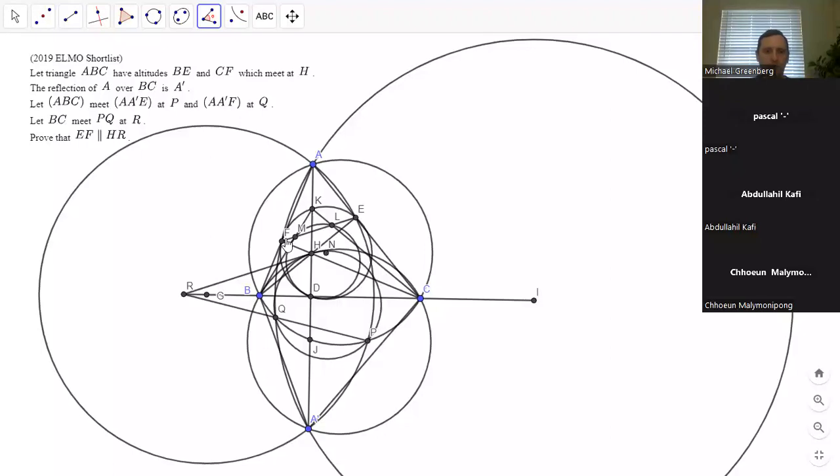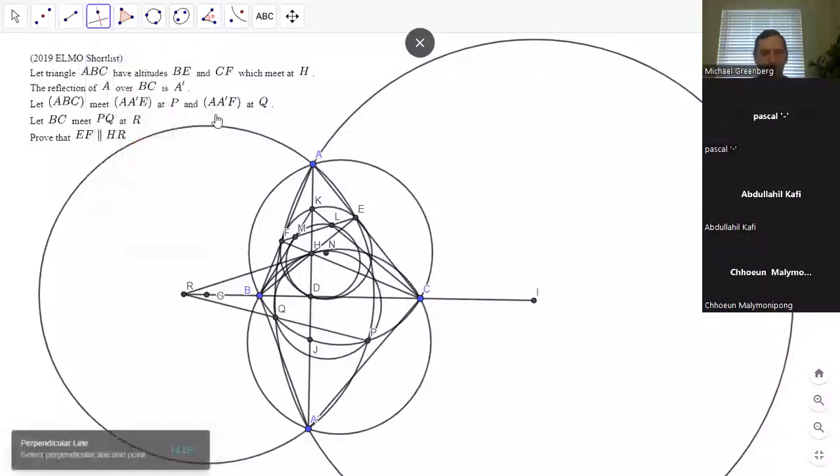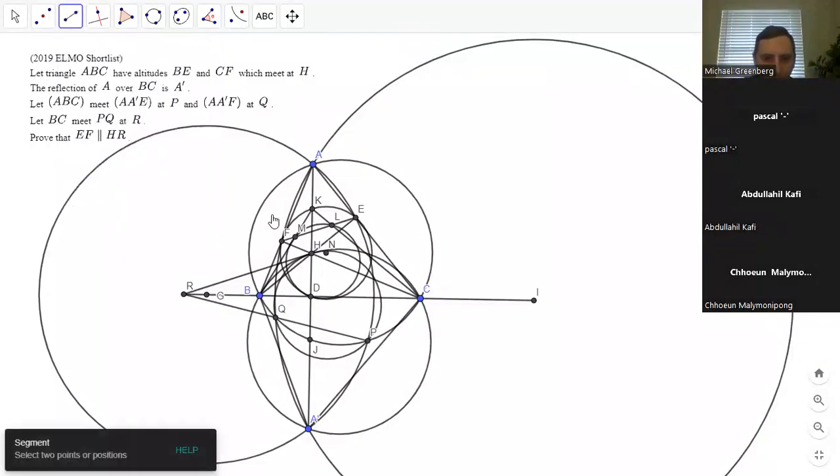And by Brianchon's theorem, we know angle FDB equals angle EDC. So that's the same as showing that angle BDM equals angle CDL. And I think that might just be projective geometry. It's also equivalent to showing that CM and BL meet on the altitude.